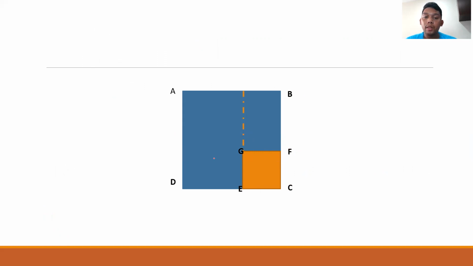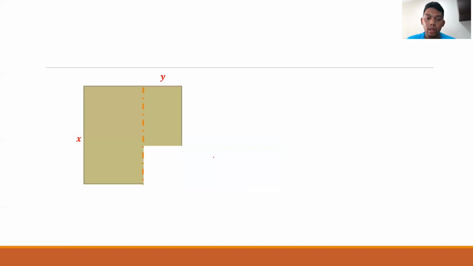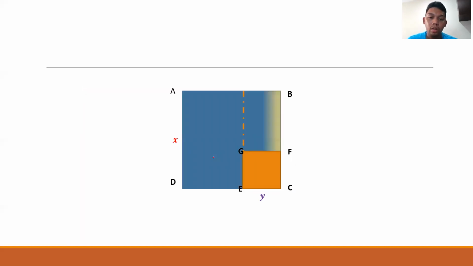All right. So first, we have to establish some values, or measurements. For example, in this one, let's say the measurement here is x, and the measurement of the side of the smaller square is y. Now, the question is, how do you get the area of the remaining blue one?